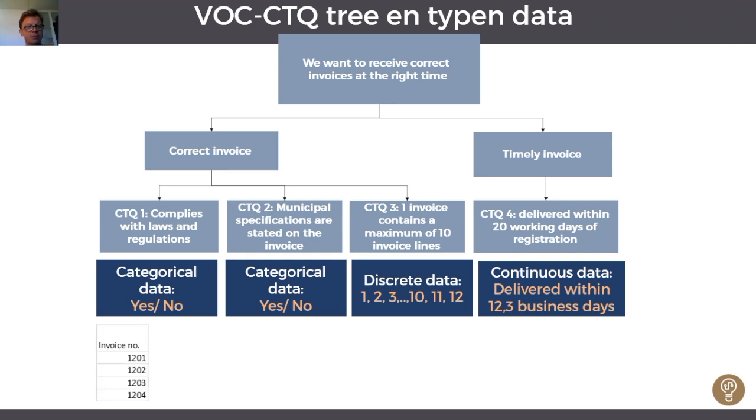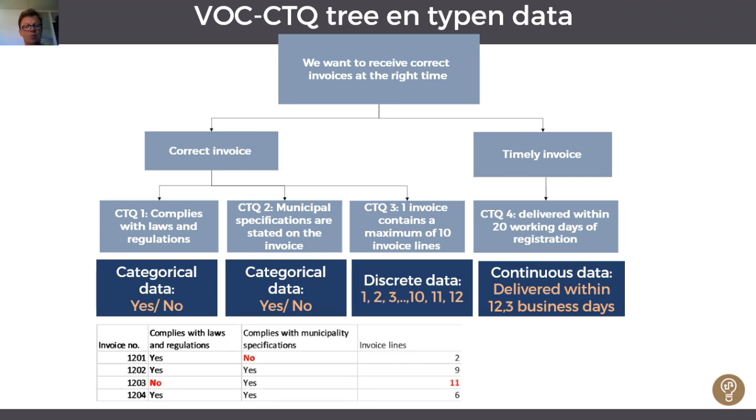The thing of which we measure things is the invoice, and it gets a number. What do we measure, count, or categorize of an invoice? If it complies with law and regulations, if it complies with their own specifications, how many lines are on it, and how long it took to deliver it to the municipality in business days.